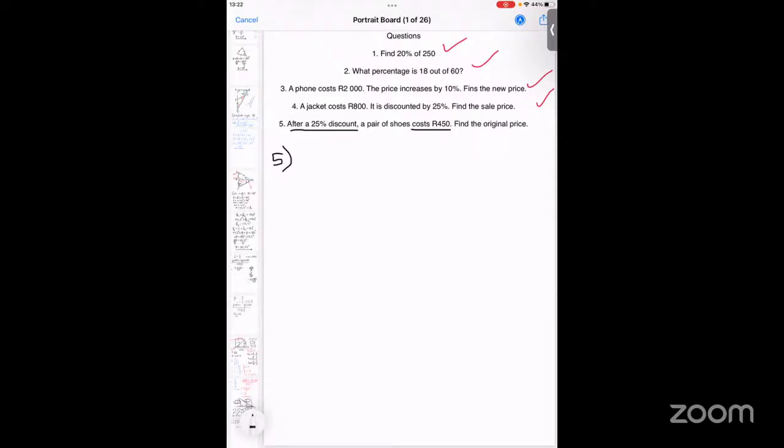Okay, so how do we do that? The best approach is to always talk about how much you have spent and what is the percentage spent. For example, if you have spent that 450, what is the percentage that you have spent?